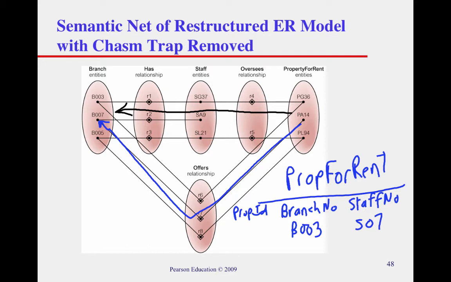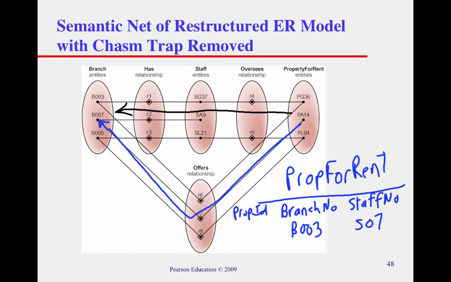What problem might arise now? What problem might arise if a staff member moves to a new branch, like branch B005? The model would be wrong because it still shows that the staff belongs to the old branch.